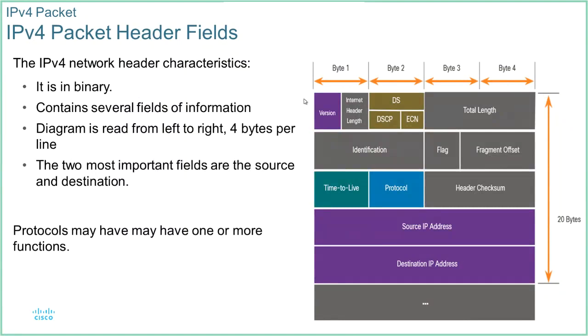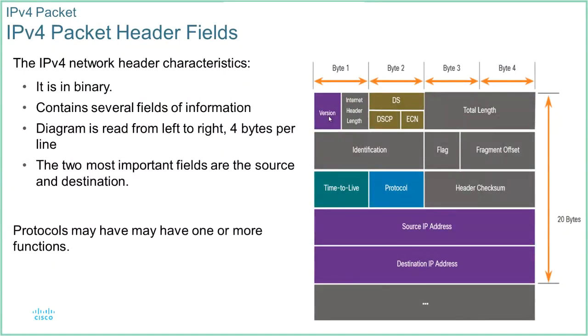And the main things we need to take from this is, when we look at it, each of these rows is 4 bytes wide, i.e. 32 bits. Okay, we have the version of the addressing, so v4, v6. The v6 header looks different because we're dealing with 128-bit addresses, so the headers have changed.